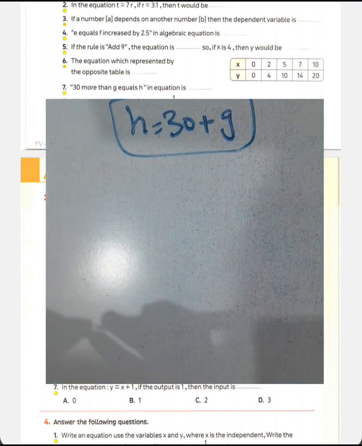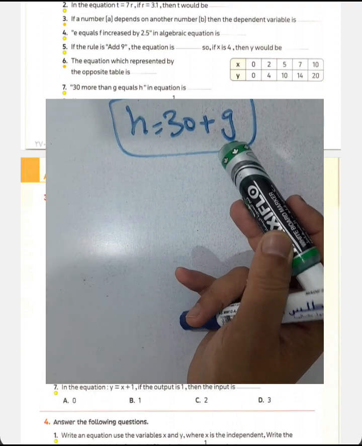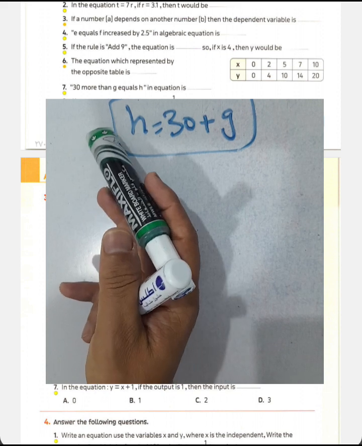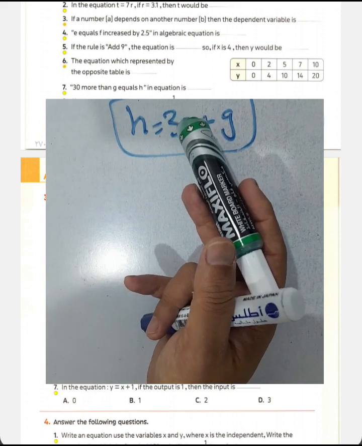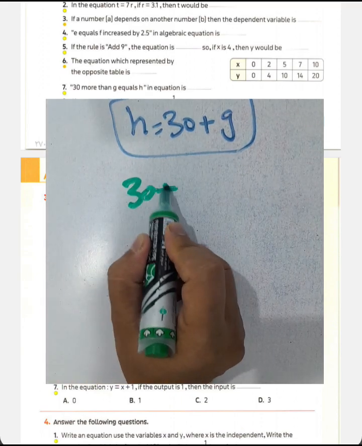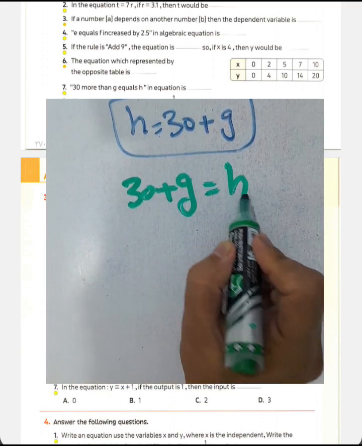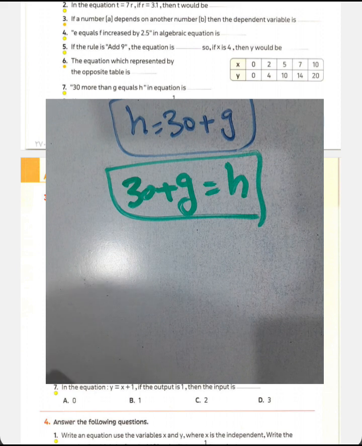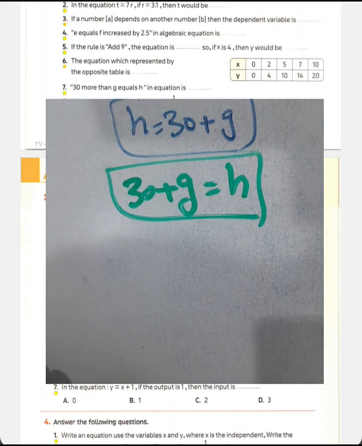In the equation here about question 7, h equals 30 plus g. 30 more than g, it's g, okay, not 9. Again, 30 more than g equals h. In the equation, we can write it 30 plus g equals h.